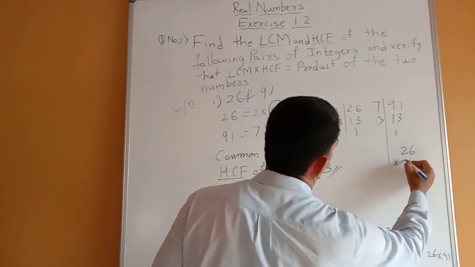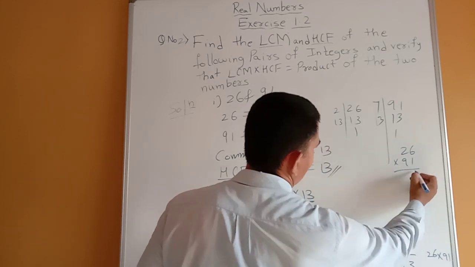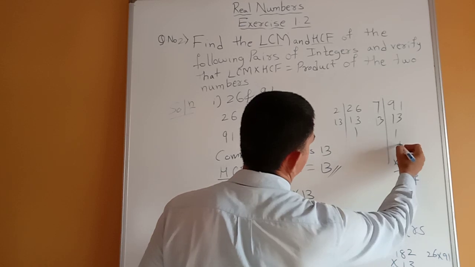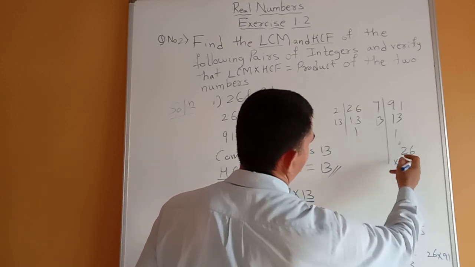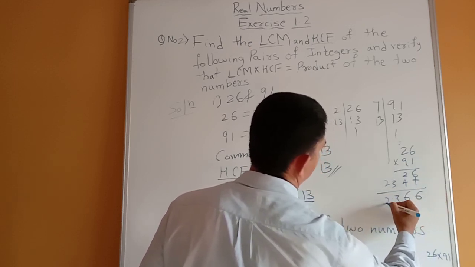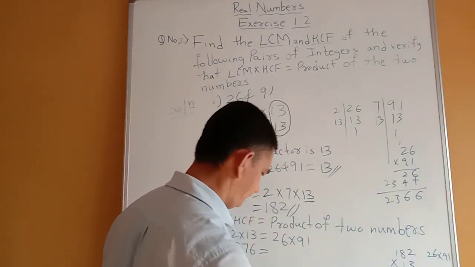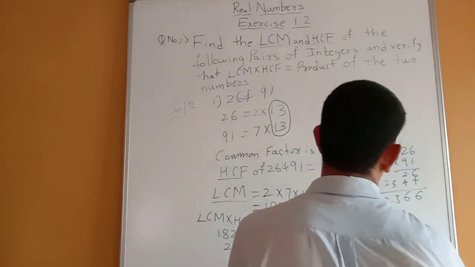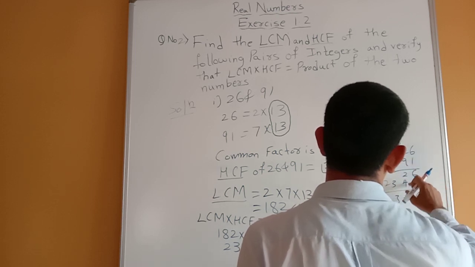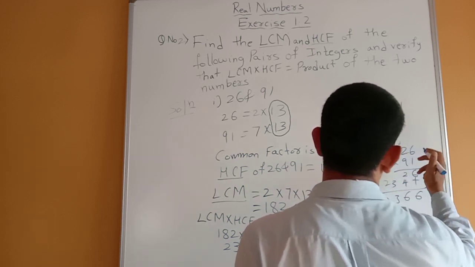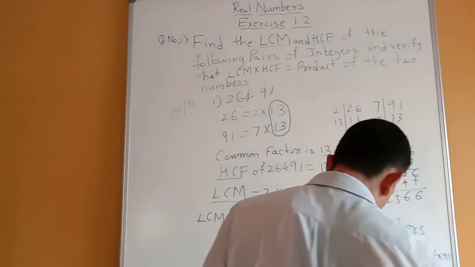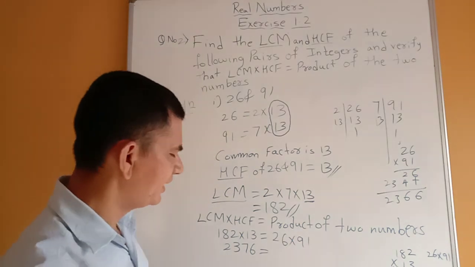Now again we have to multiply 26 into 91. 1 six is 6, 1 two is 2, 9 sixes are 54, 9 twos are 18, 18 plus 5 is 23.